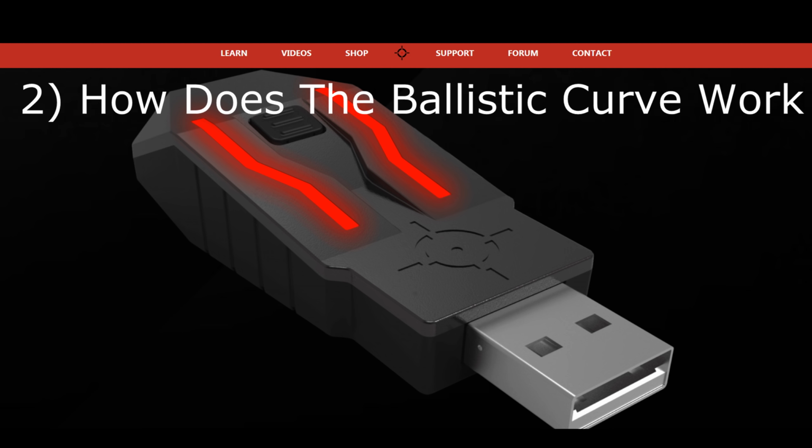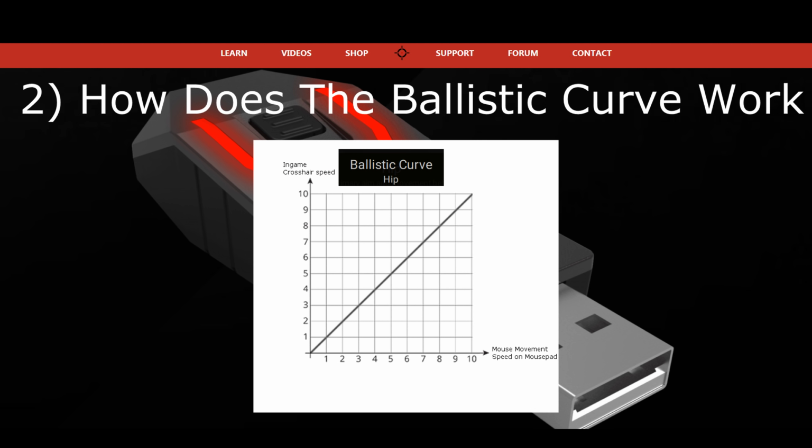Let's look at some examples for a better understanding. Here is a picture of the default curve with a coordinate grid placed on top of it. I have also changed the names of the axes to make it a little bit clearer. Now, when you want to analyze the effect of a ballistic curve, the best way to do this is to compare several x values with their corresponding y values.